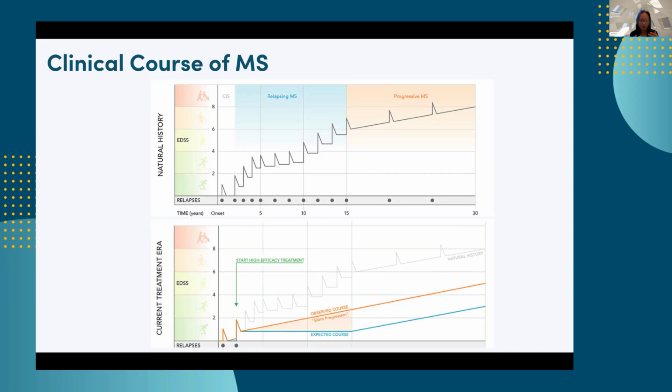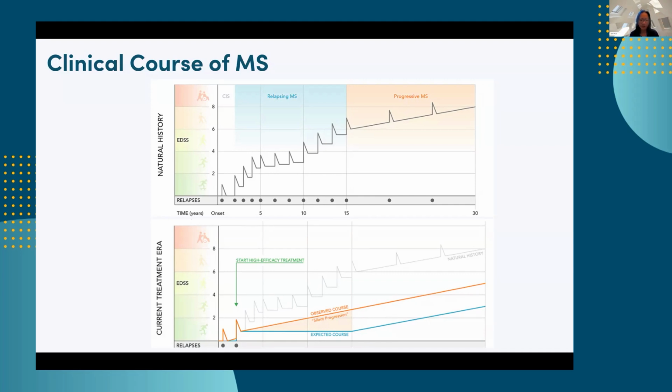And then they still might kick in that slow change in disability as that blue line comes up, but that clinical threshold is so much lower that they never reach that disability level of needing a cane. You can see at the very end of that blue line, even though it starts going up, that ultimate disability level is still only about a 3, which is actually very minimal symptoms.